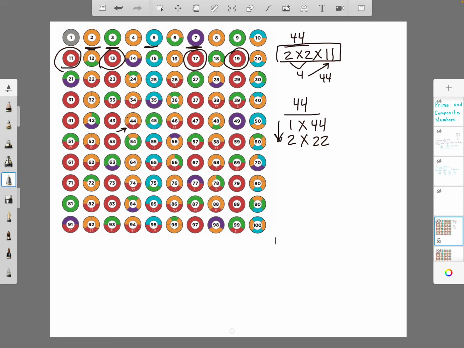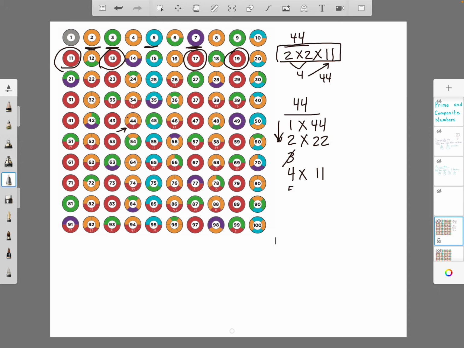Now if we go down here and go in order, the next number would be 3, but there's no 3 up there in our prime factor numbers for 44, so we're going to cross that off. We're going to go to 4 next, and we can make 4 by taking 2 times 2, so cover the 2 times 2, and what's left is 11.